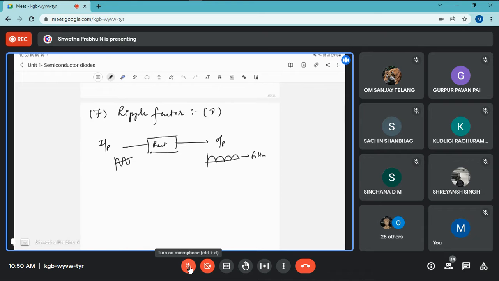How much AC component is present in the DC output is measured by the ripple factor.